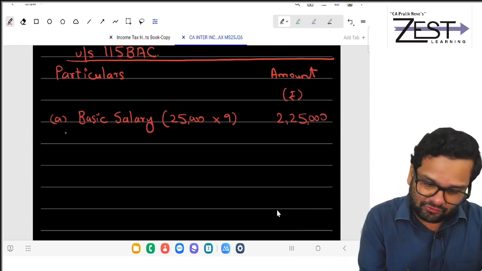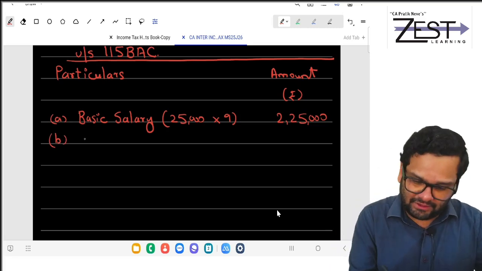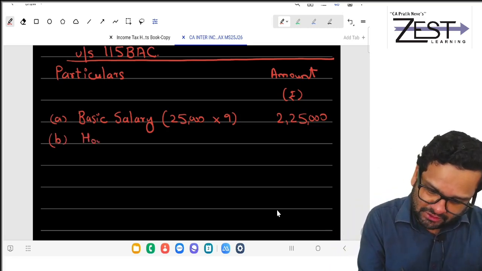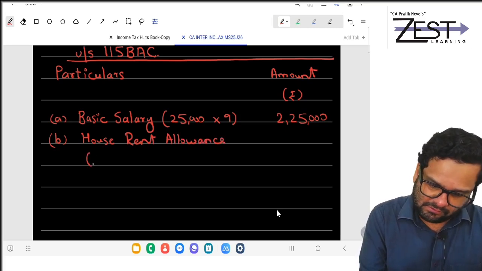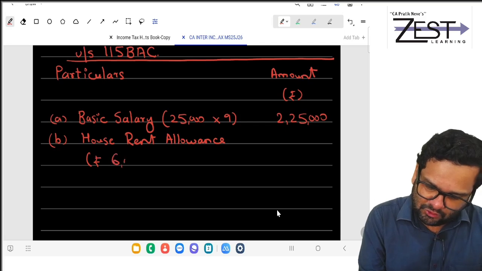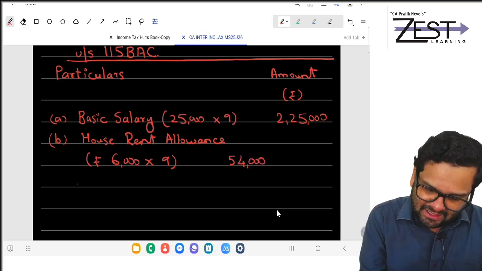That's nice. After basic, house rent allowance. See friends, it's your question. I'm just helping you to do it. So you better answer. House rent allowance is how much? 6,000 per month into 9 months, 54,000. But less exempt nil. Why exempt nil?